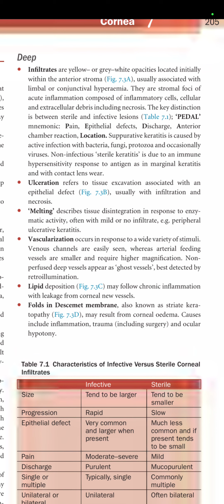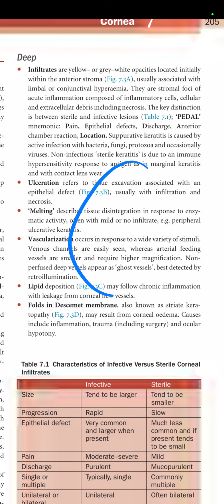So first we have studied the superficial signs. Now the disease is going deep into the cornea, so that is why we can say it is involving the anterior stromal layer, usually associated with limbal or conjunctival hyperemia.